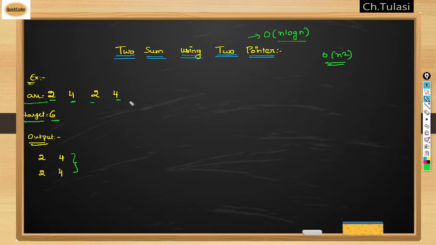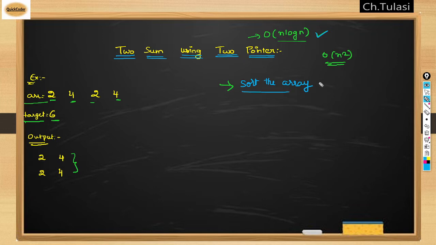Let us discuss. The first step in the two-pointer approach is that we have to sort the array. Sorting alone takes n log n, because quick sort or merge sort take n log n time.